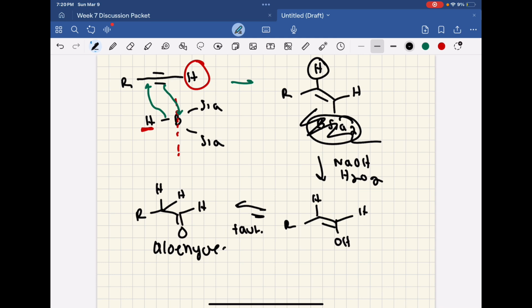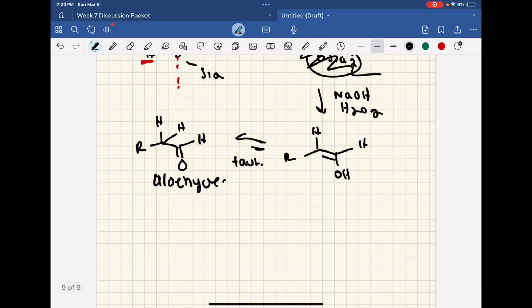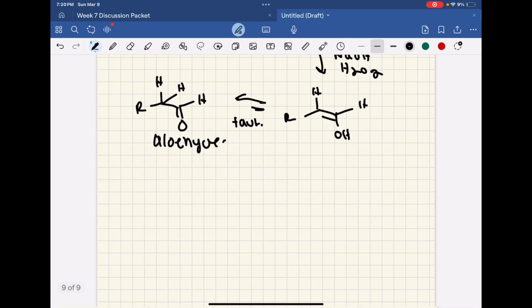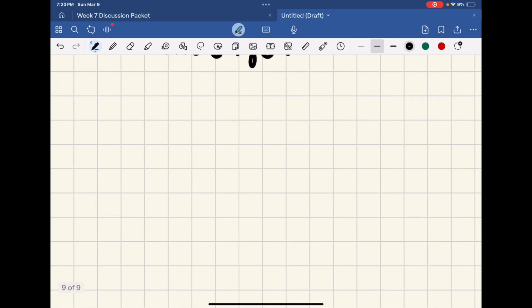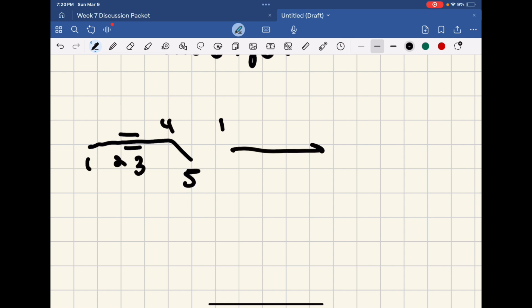Okay, not too bad. Maybe I'll do one more example where we have to consider asymmetric. So if I had something that looks like this. Okay, so this is 1, 2, 3, 4, 5. Just keep that in mind. Hydroboration conditions.